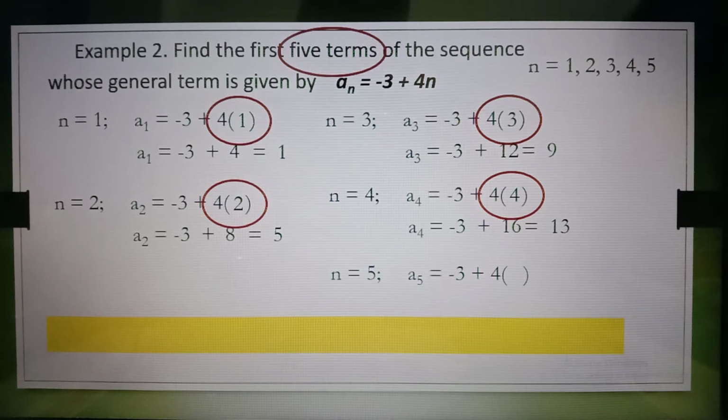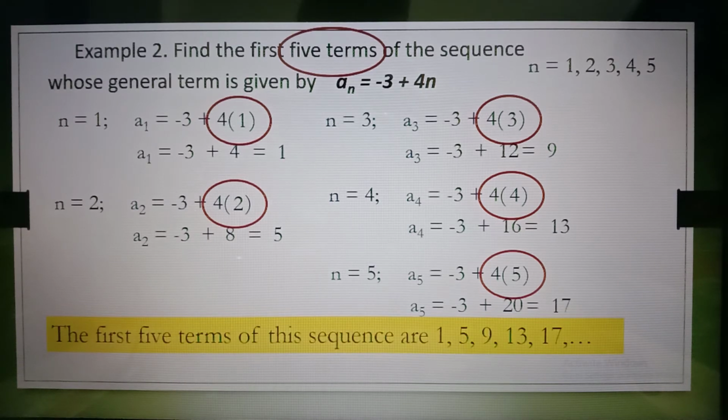Then when n is 5, a sub 5 equals negative 3 plus 4 times 5, multiply 4 times 5 is 20, plus negative 3 will give you 17. So therefore, the 5 terms of this sequence are 1, 5, 9, 13, 17, and so on and so forth.